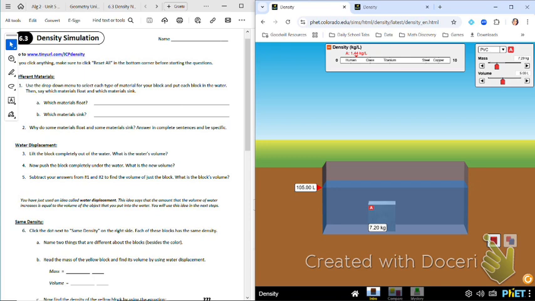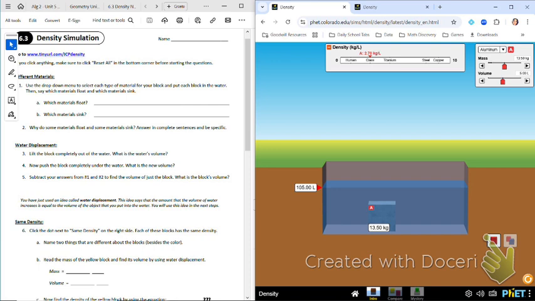Yes. It is sunk. Okay, next we've got brick. That one didn't even move. And then we've got aluminum last. Tricky, tricky.